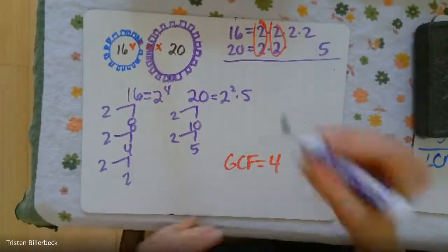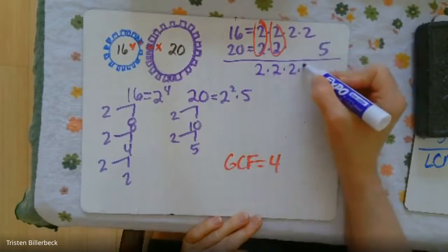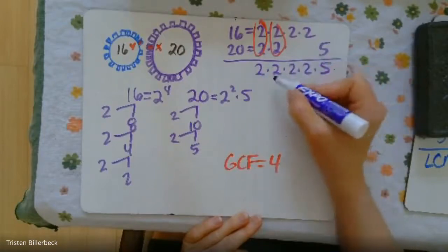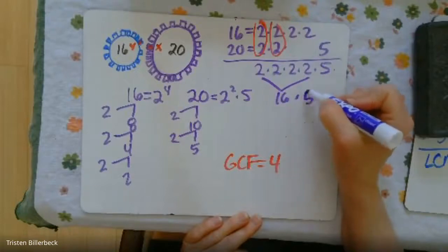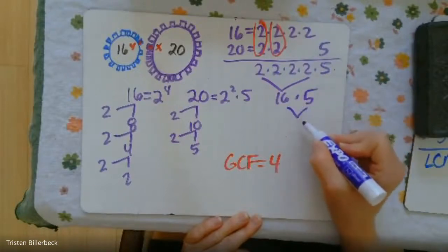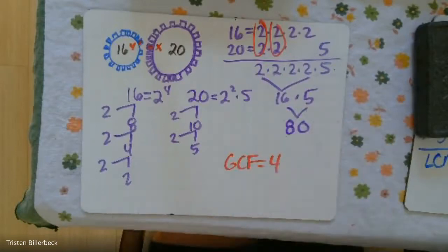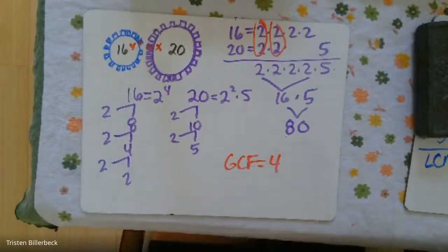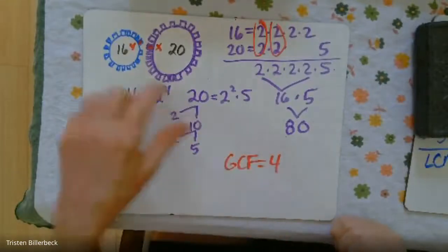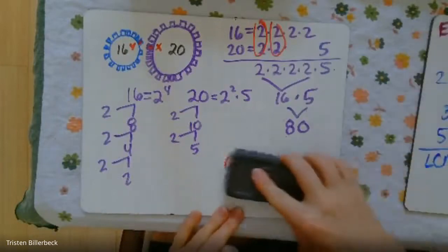So we simplify this by having 2 times 2 times 2 times 2 times 5. So all this is 16 times 5, which is 80. So it's going to take 80 engagements before X and Y match up again.